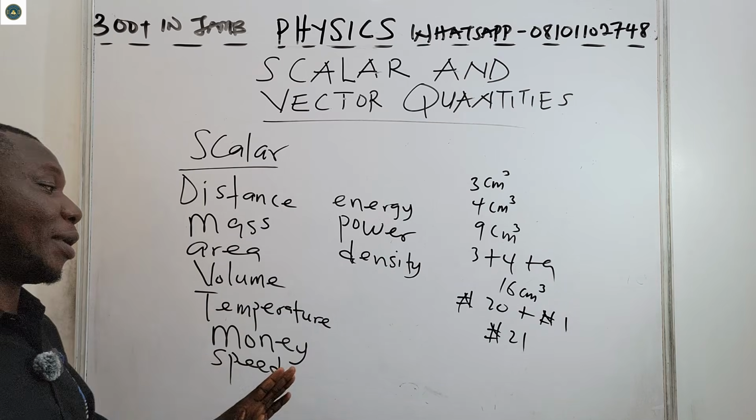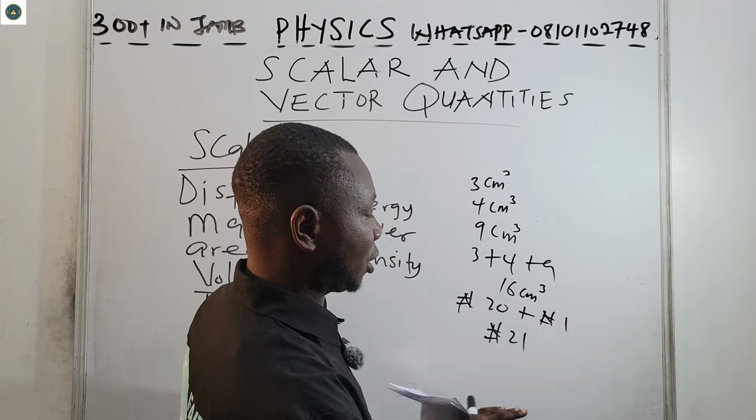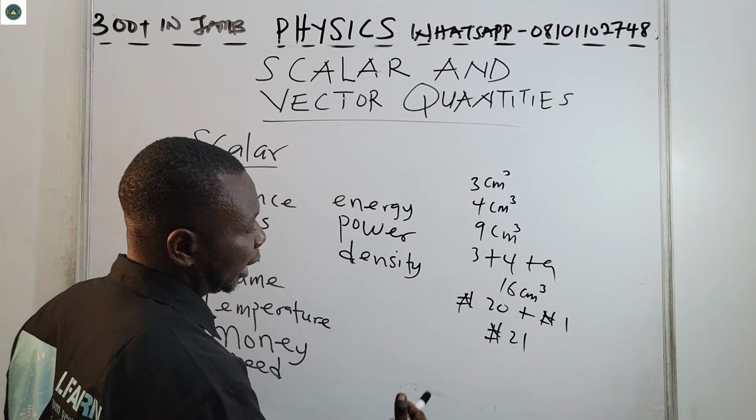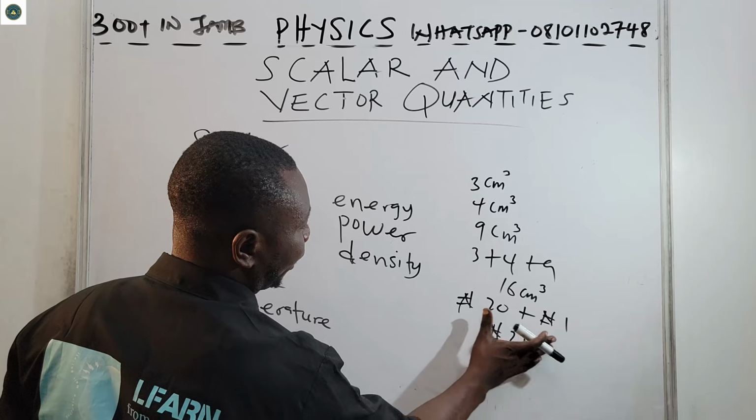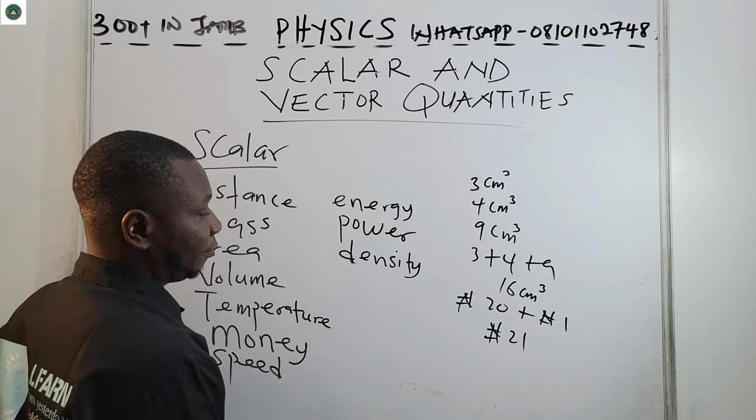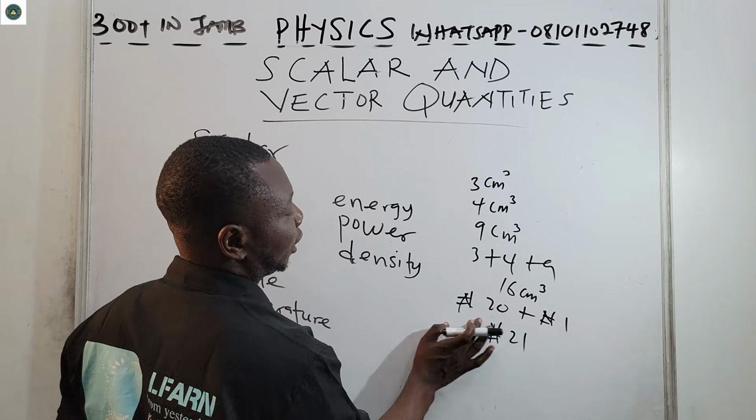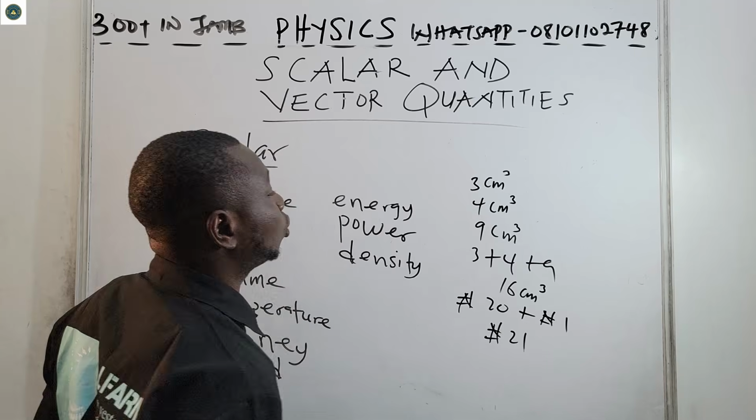And I said scalars can be added numerically. It's just summing the quantities or the numerical values together. So you have 20 naira plus 1 naira, you have 21 naira.